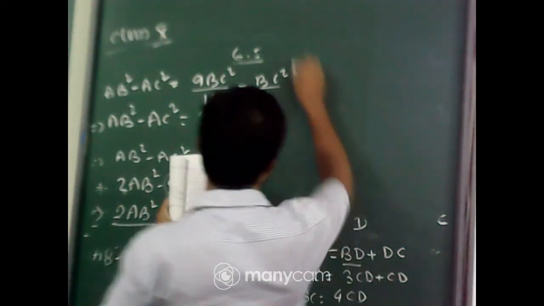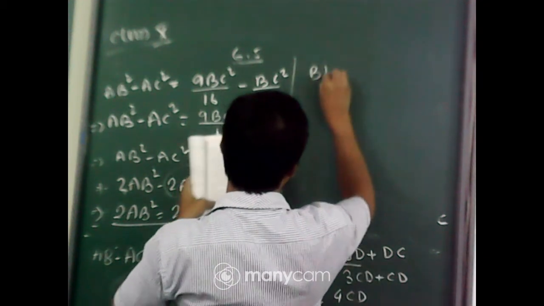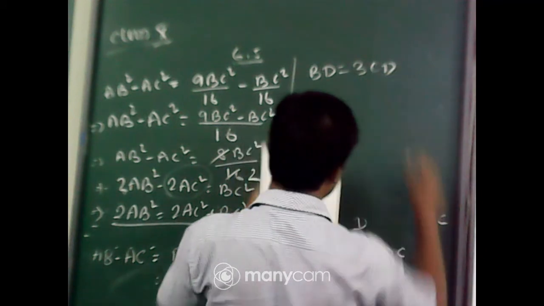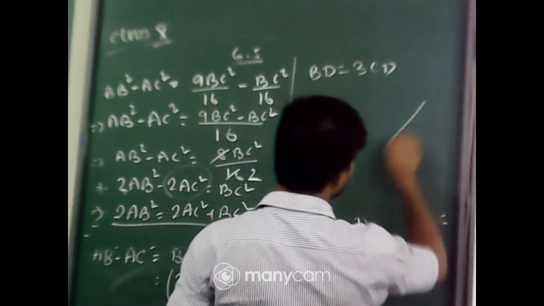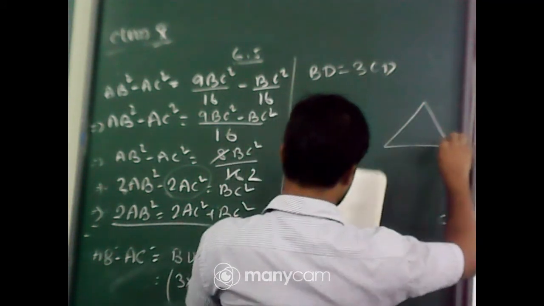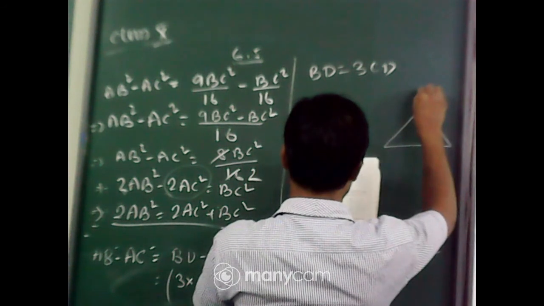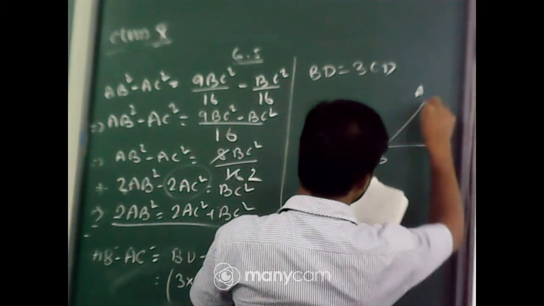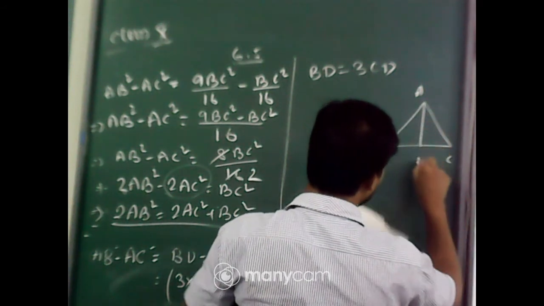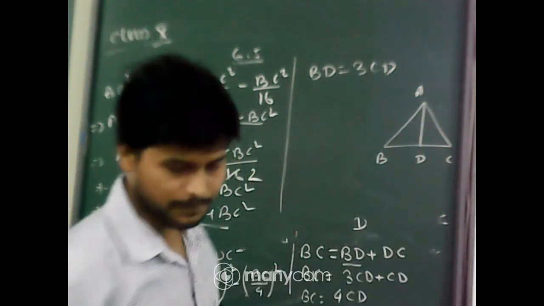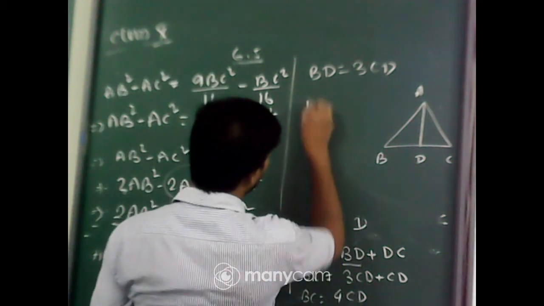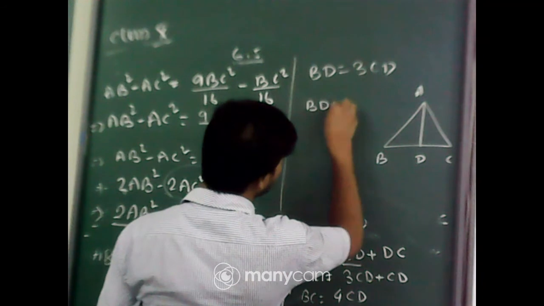Given that BD is equal to 3CD and the diagram was like that. A, B, C and D. Now from the diagram, tell me what is the sum of BD plus DC?